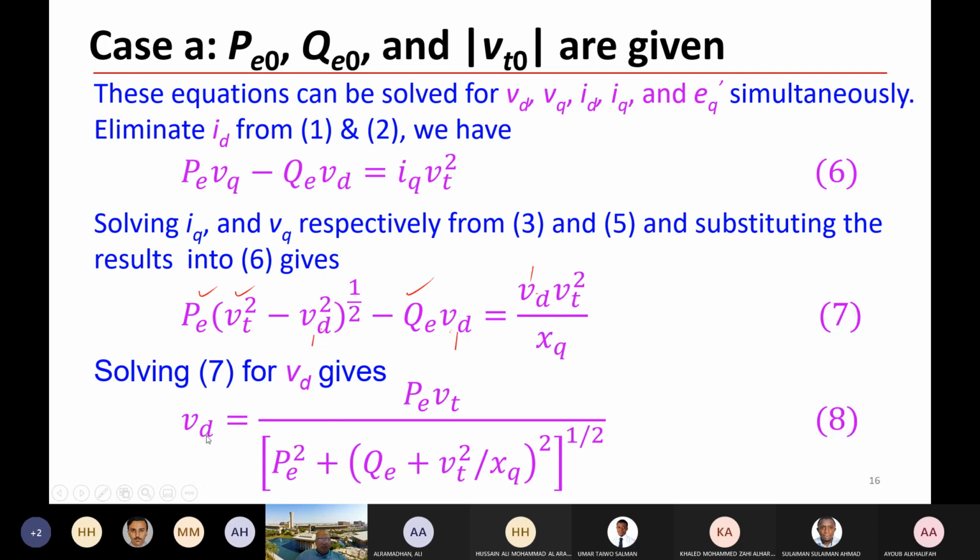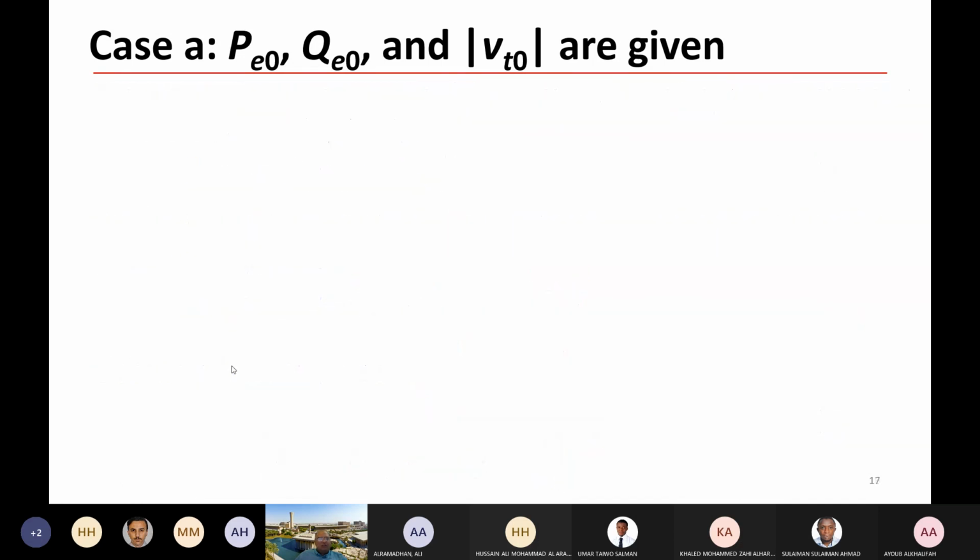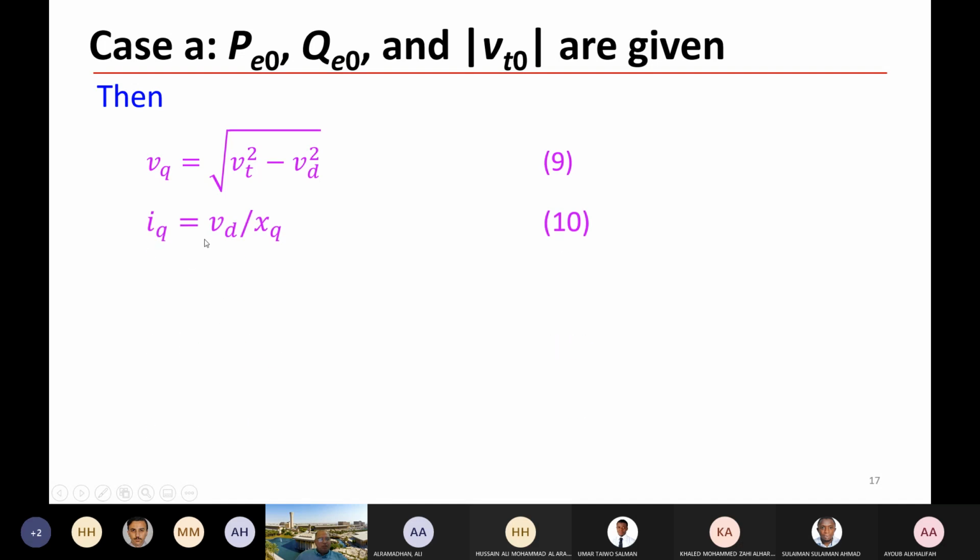If you have VD and you have the terminal voltage, and you know that the terminal voltage equals the square root of VD square plus VQ square, so you can get the VQ. And from there, you can handle this simple problem. So VQ can be given, VD equal to XQ IQ, so IQ can be calculated, VD over XQ.